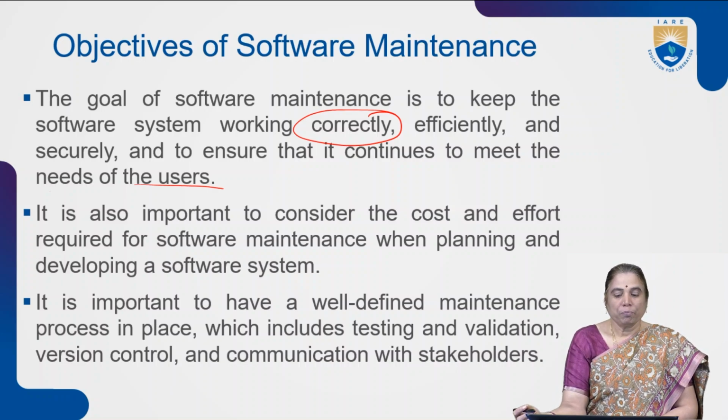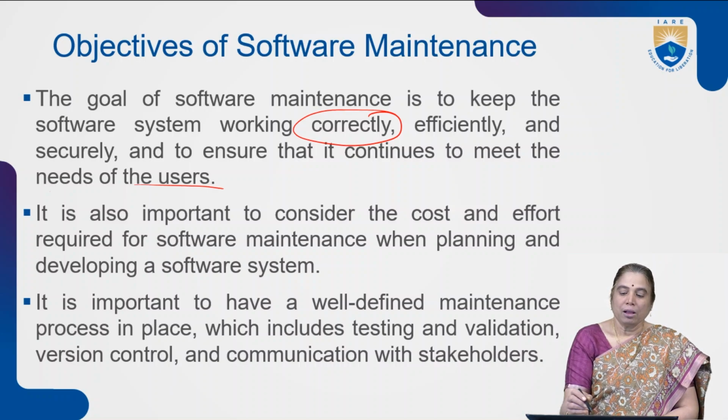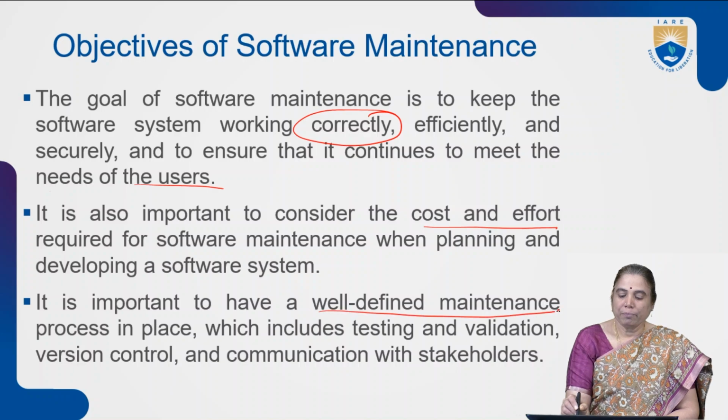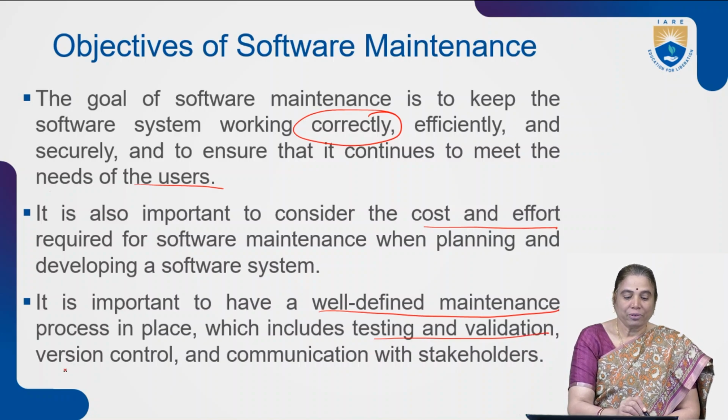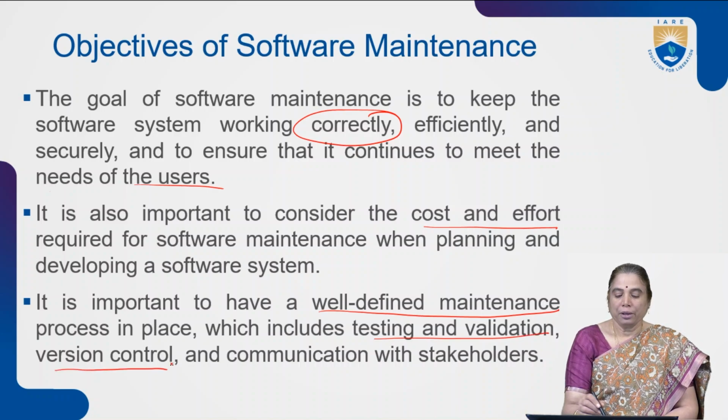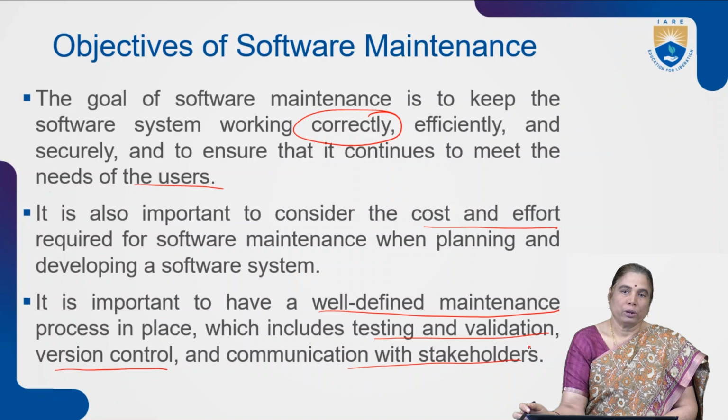It is also important to consider the cost and effort required for software maintenance when planning and developing a software system. So, it is important to have a well-defined maintenance process which includes testing and validation, version control, and communication with stakeholders.